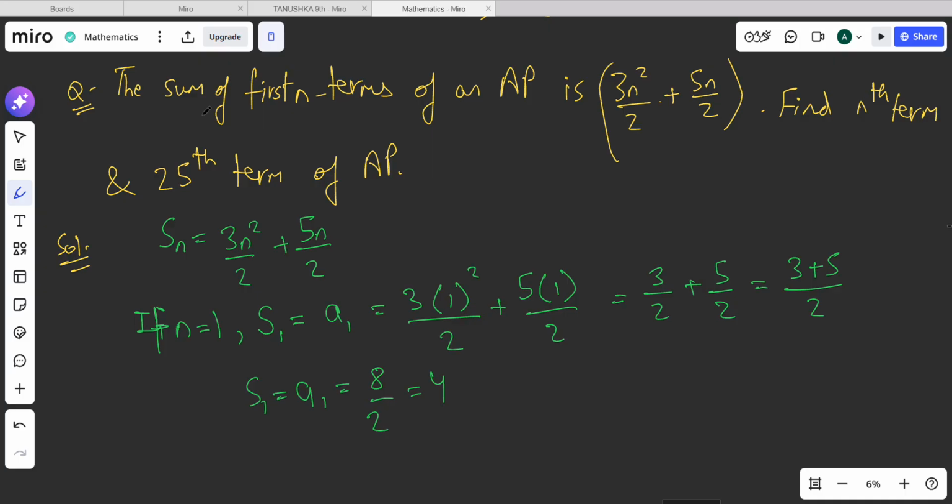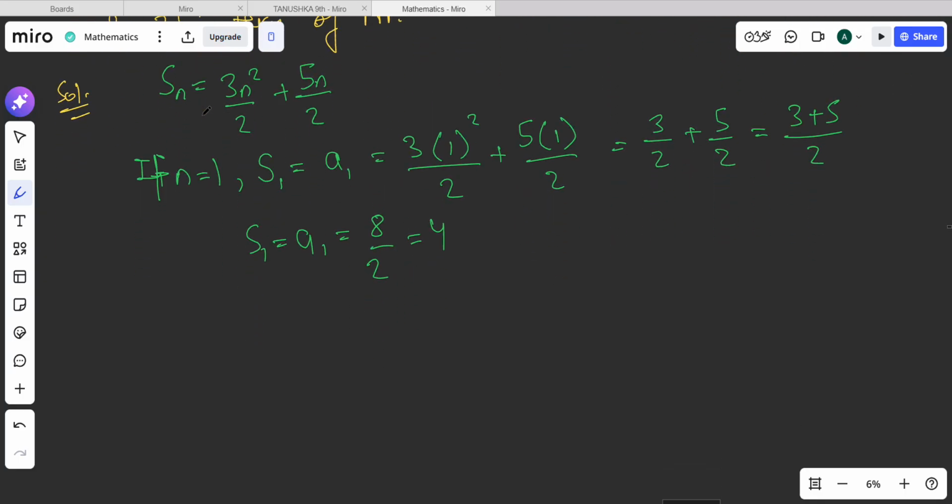Coming to the calculation of S2, instead of n I'm going to put 2. So if n equals 2, the value of S2 will be 3 into 2 square divided by 2 plus 5 into 2 again divided by 2.